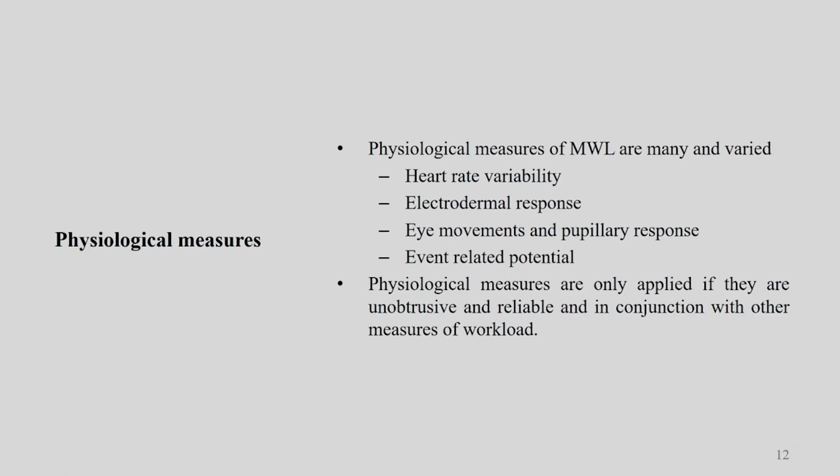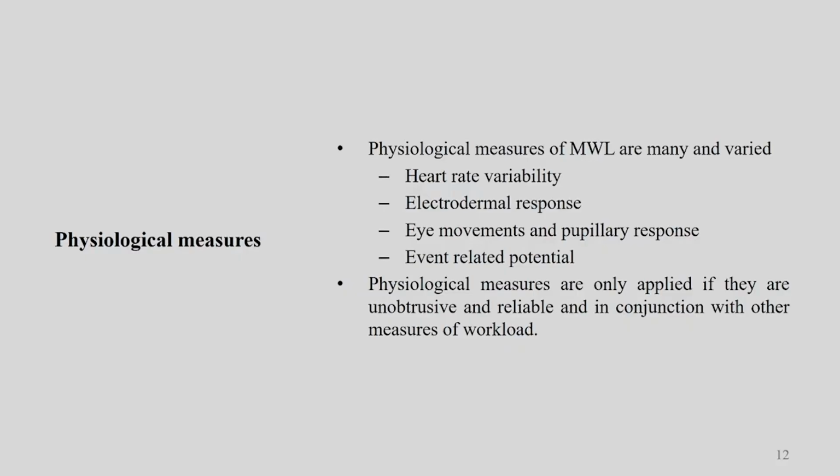However, these are not the only things. You can have more physiological variables based on the type of objective you have in your research. Physiological measures are only applied if they are unobtrusive, and then they are reliable when used in conjunction with other measures of workload.